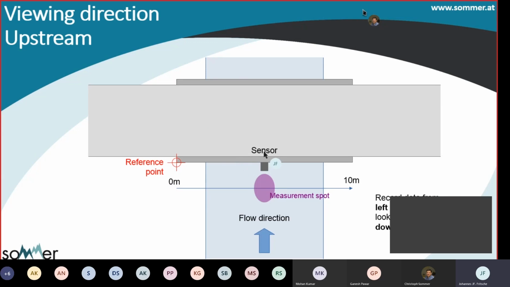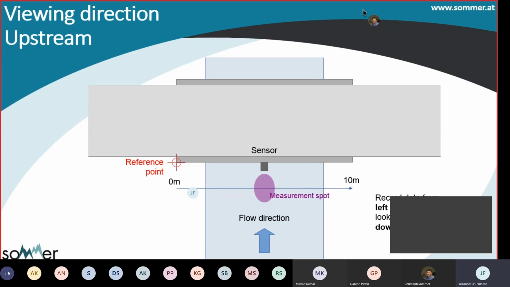When you're standing on the other side of the bridge and you look upstream, then you have to turn yourself around, look downstream, and again the reference point is on the left side, and you do your measurements of the cross-section profile from left to right. So it's always from left to right, looking downstream.